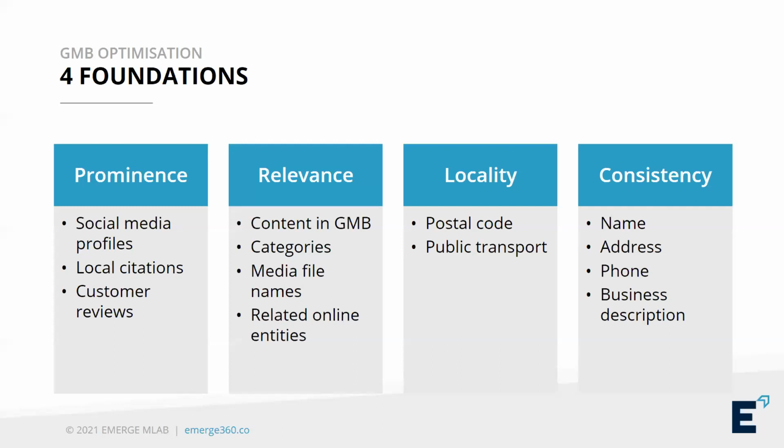And if you can, in the summary body of your website, put in the public transport modes. Like for example, if there are public buses in the vicinity of your shop, put in the bus numbers. If you've got MRT, put in the name of the MRT station within the summary body.